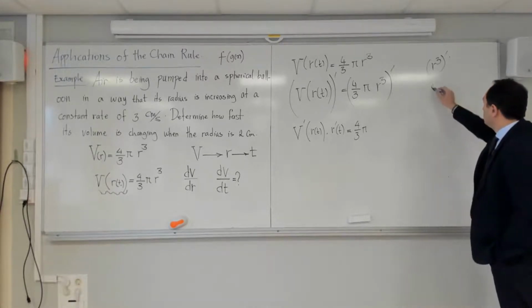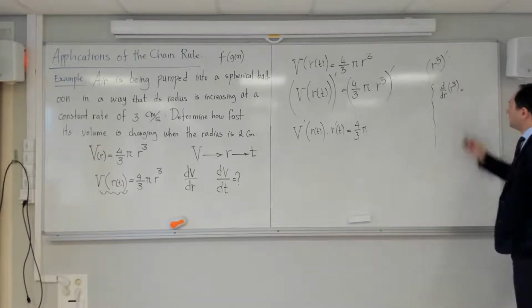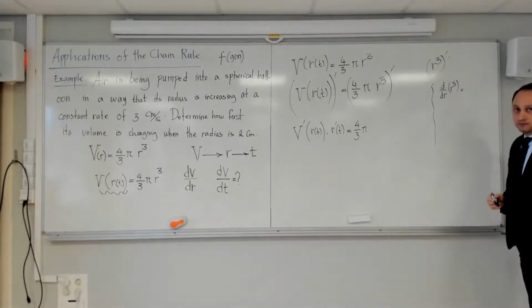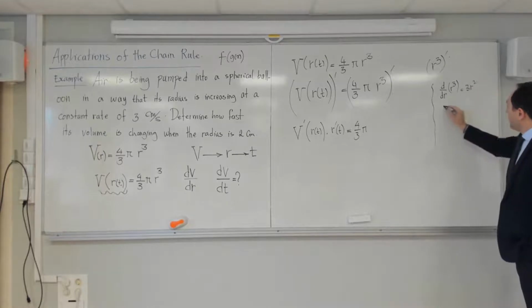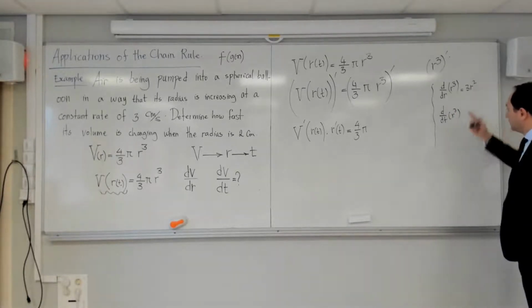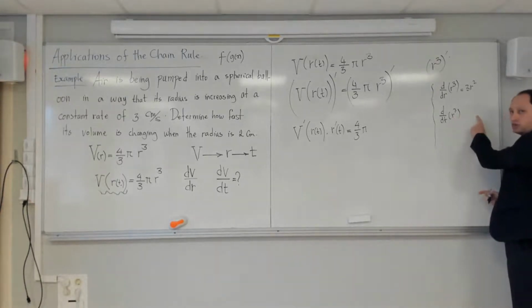So let me emphasize here. If I ask you the derivative of r cubed with respect to r, this is easy. What is the answer? 3r squared. But now if I ask you the same thing, d/dt of r cubed, if I don't say anything about r, you will say 0.